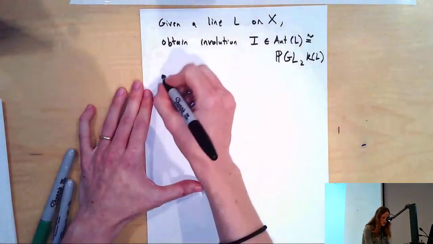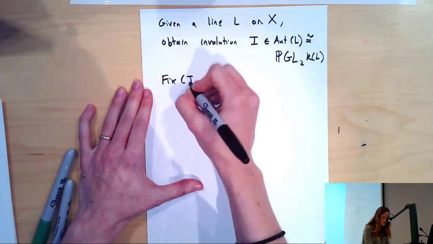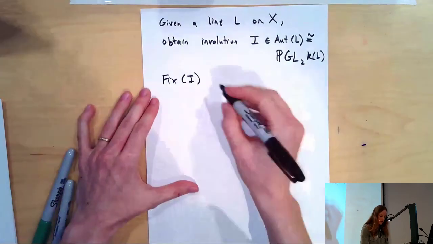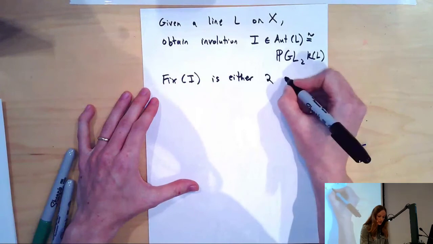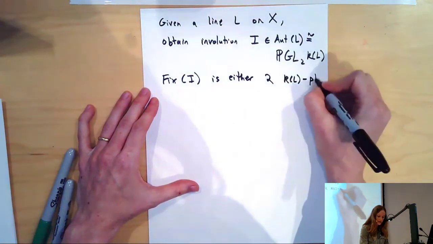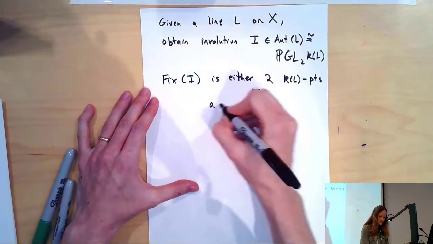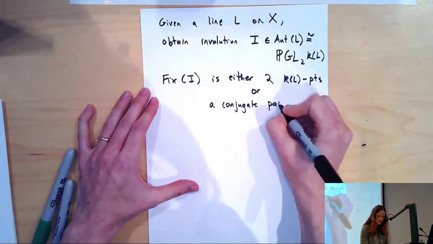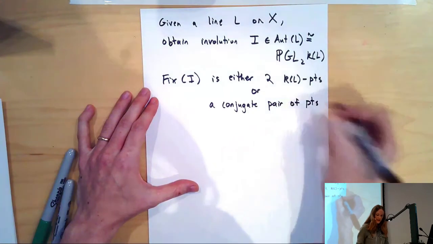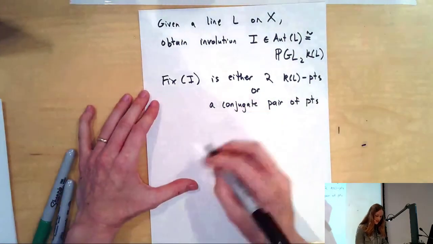So now the fixed points of I are either 2 K(L)-points or a conjugate pair of points in some quadratic extension.